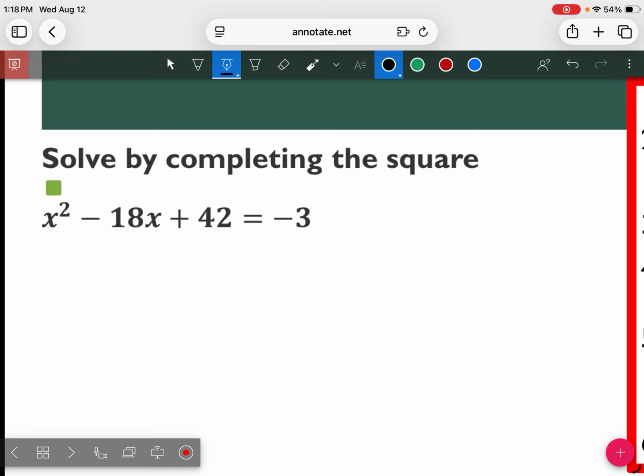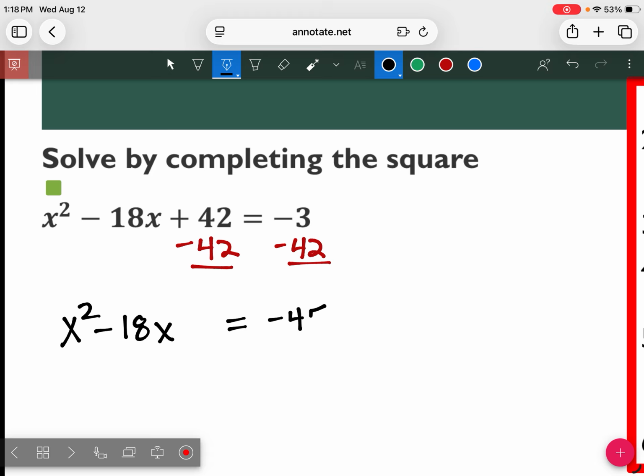Okay, so let's do it real quick. That was pretty good. I didn't realize I gave you one this easy because you get a perfect square. So first step should have been subtract 42, which gives you x squared minus 18x equals -45.